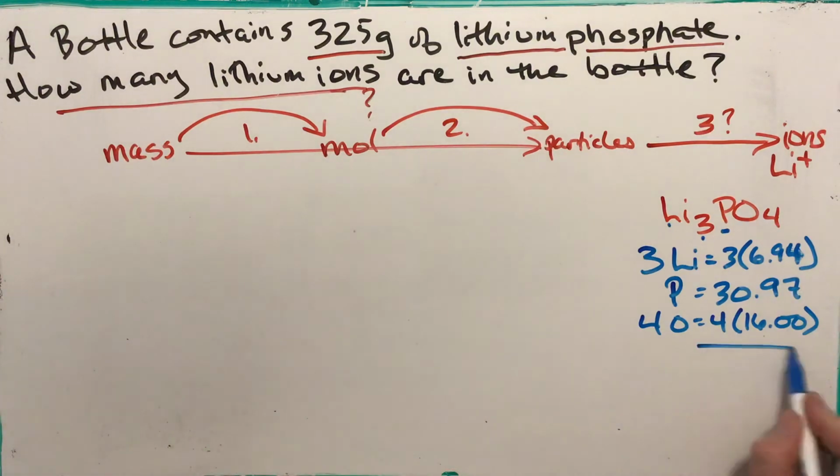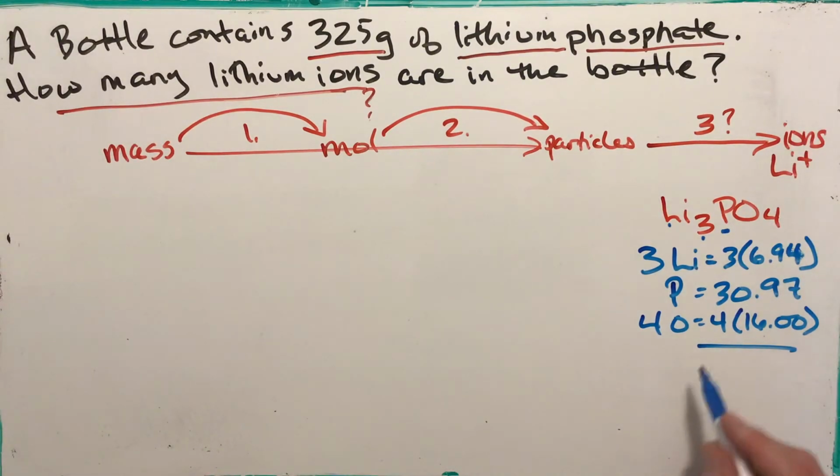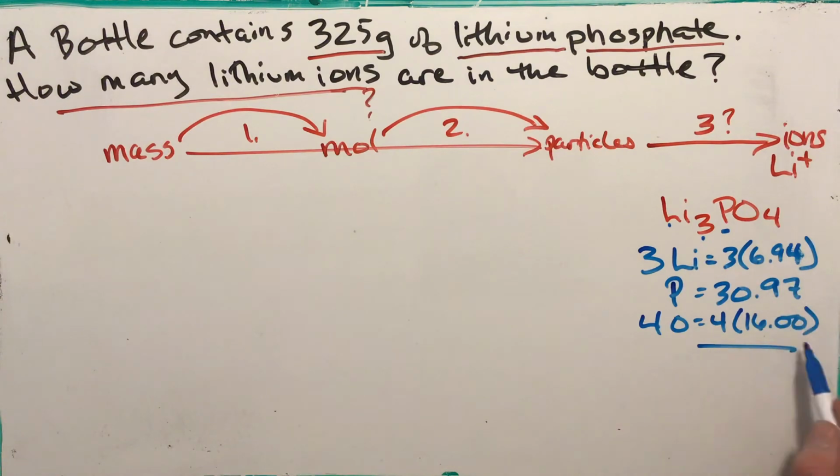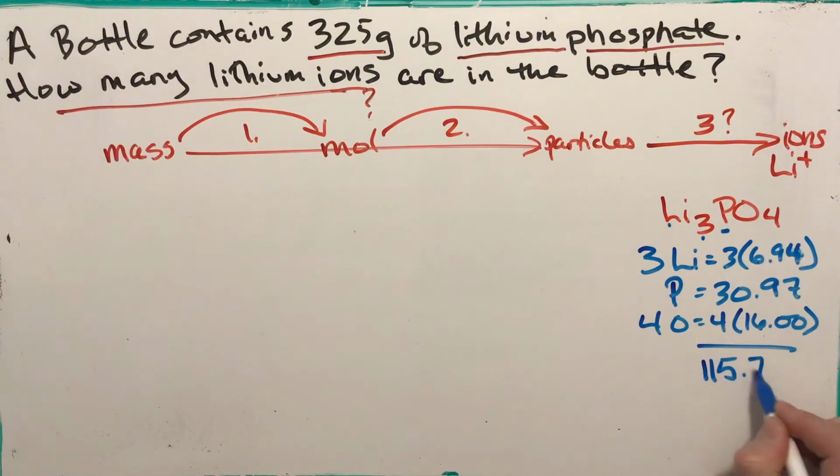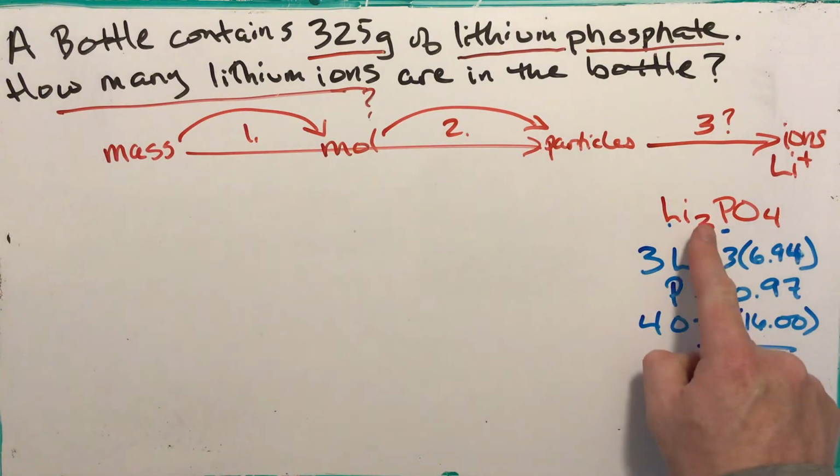So you can do this off to the side. I've got limited space, so I've got to kind of put it there. Anyway, I add this up, 3 times that, 4 of those, and 30.97, and I end up with 115.79 grams per mole. That's my molar mass of this.